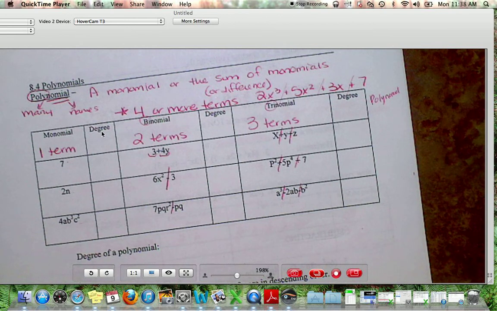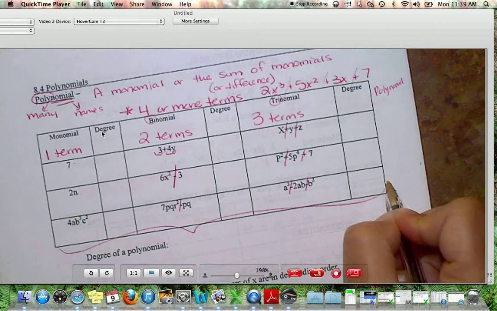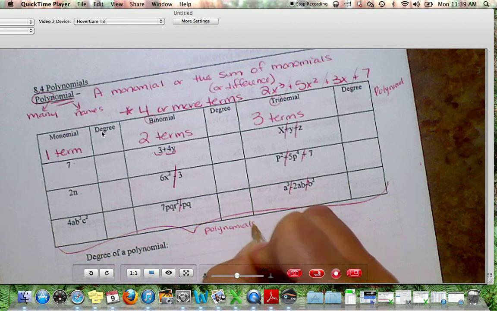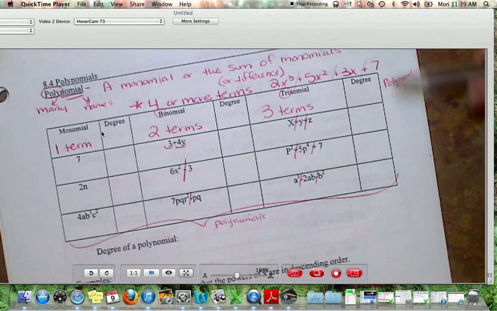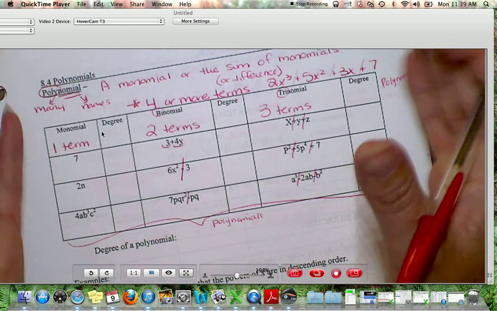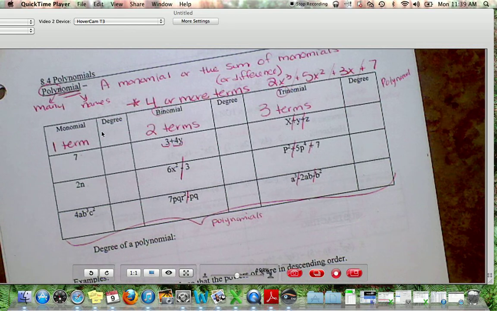Now the crazy thing about it is that all of these are considered polynomials. So it has its own category, meaning 4 or more, but all of these actually fit into a proper category. It's kind of like country and country. I live out in the country. I live in a different country.